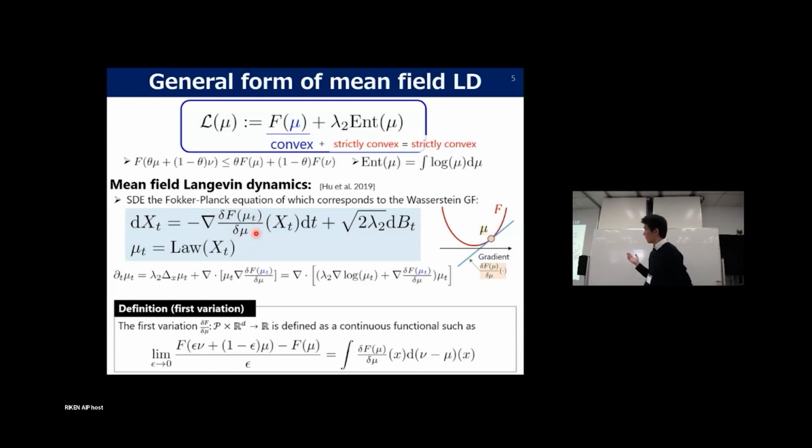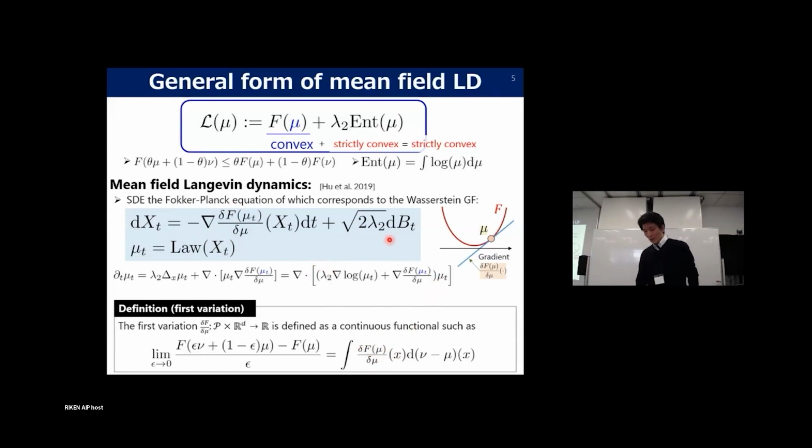This is the so-called first order variation of the functional F, a kind of functional derivative on the measure space, which is formally defined like this. This notation will appear in later slides. So what we are doing is taking the derivative of the objective, and then minimizing the objective function by running this stochastic differential equation.